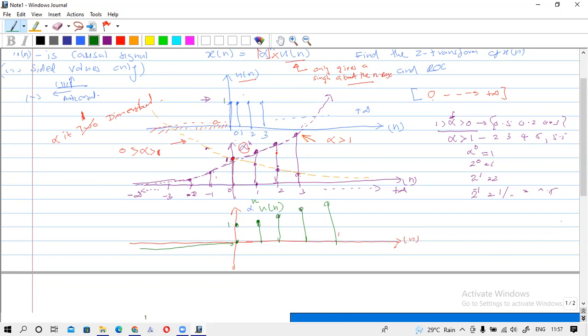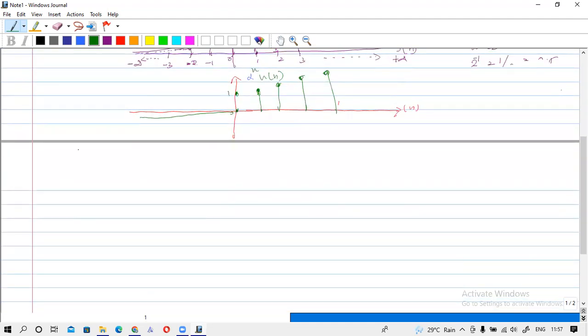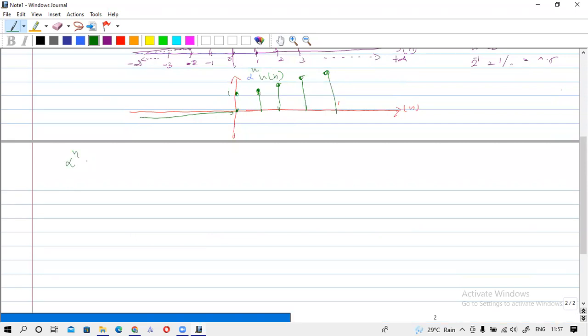So by multiplying the unit step function, only the n range is restricted, no? You get it. So alpha n un is our xn actually.